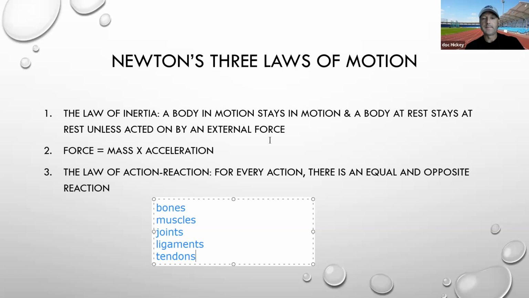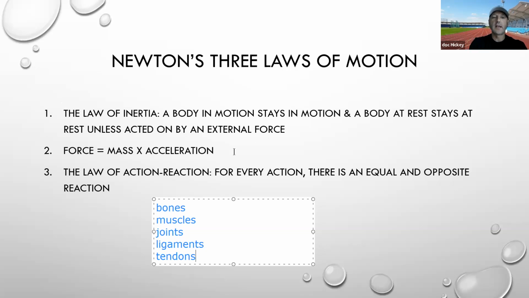In the squat, it takes about 3 seconds for the body to go from the bottom of the squat to the top of the squat, from a globally flexed position inferior to the transverse plane to a globally extended position inferior to the transverse plane, during that maximal squat. So that's our law of inertia. Body in motion stays in motion, body at rest stays at rest, unless acted on by that external force.